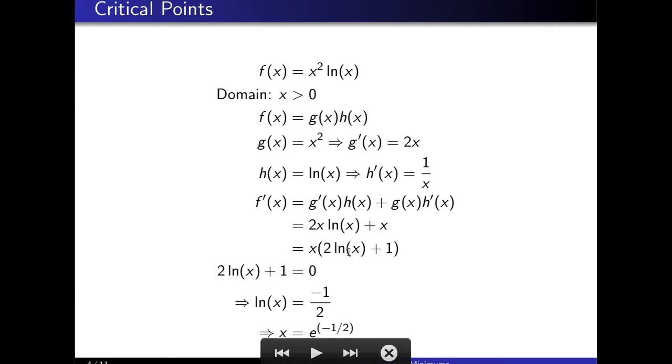So the only place we're going to get a critical point is anywhere where 2 natural logarithm of x plus 1 is 0. And we could easily solve that to get x equals e to the minus 1/2. So x equals e to the minus 1/2 is going to be the only critical point for this function.